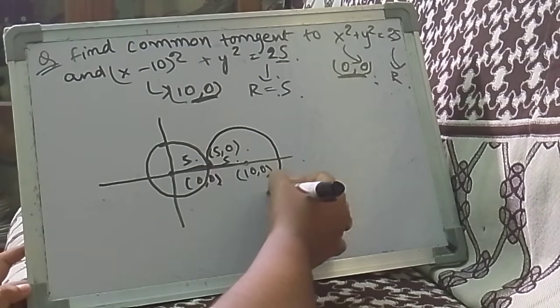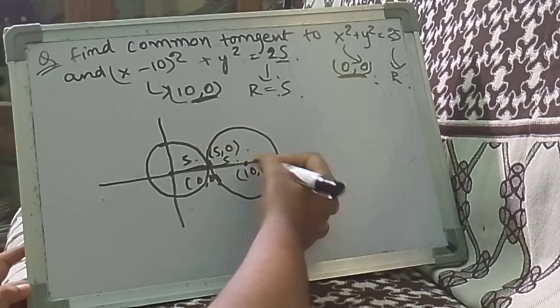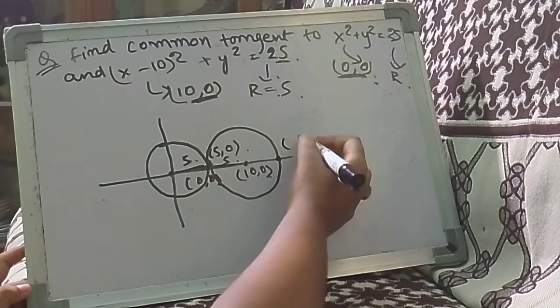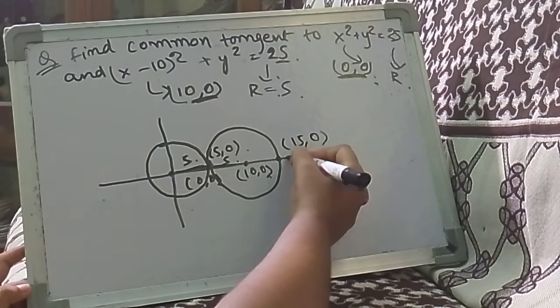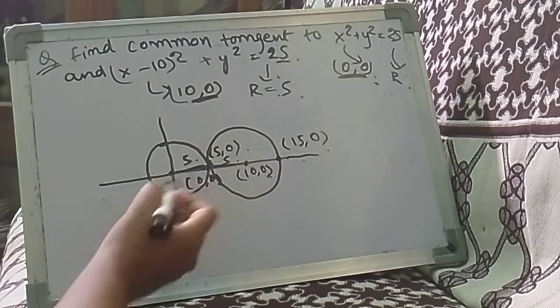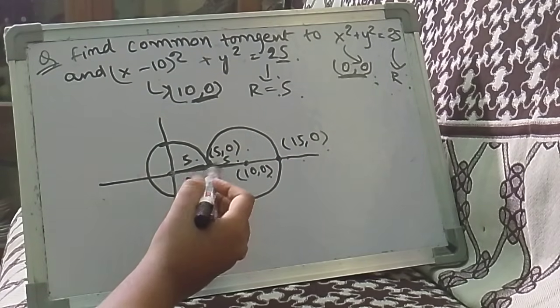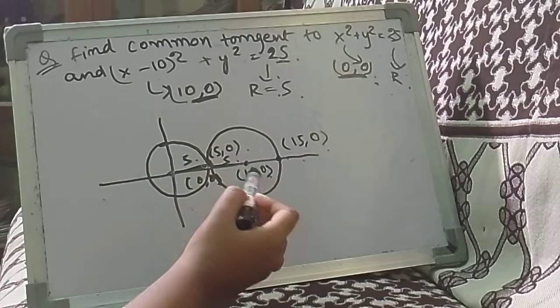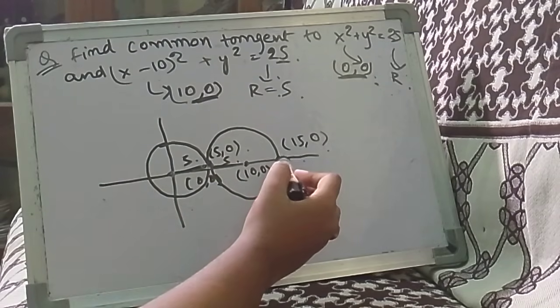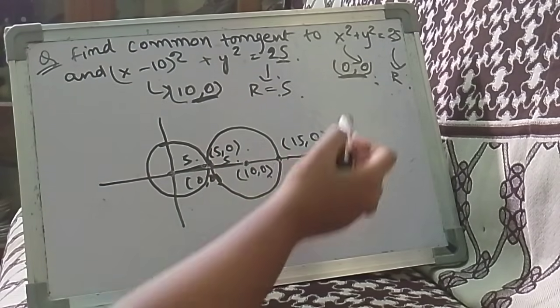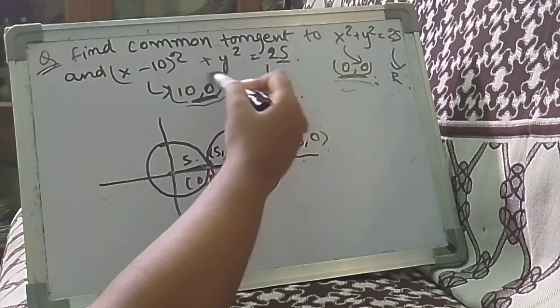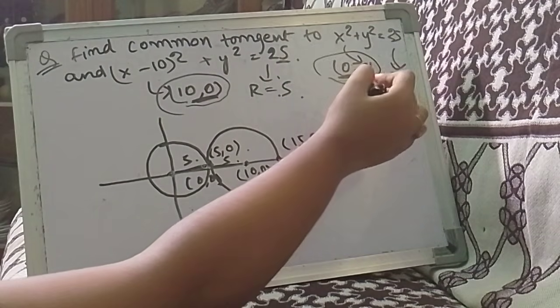So this circle is passing like this, and this point is (15, 0). See, this is moving in a straight line: this is (0, 0), this is (5, 0), this is (10, 0) and this is (15, 0). The centers are given like that only.